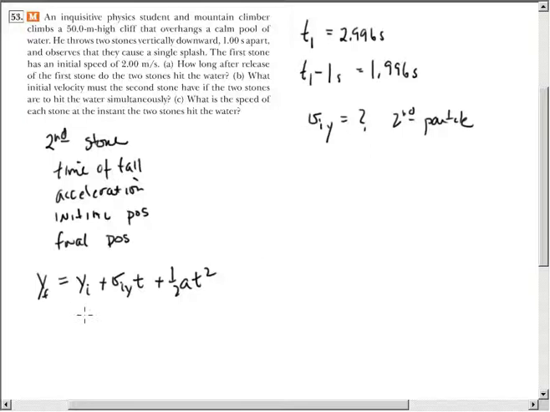So now let's solve algebraically for VIY.